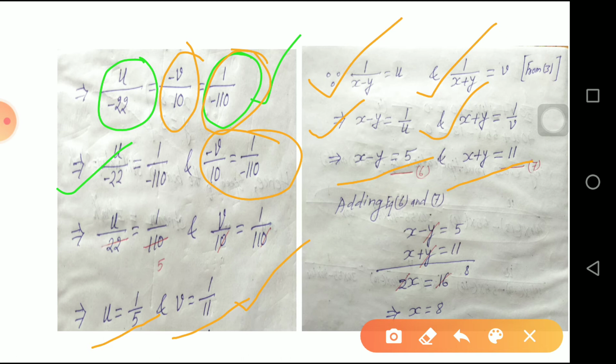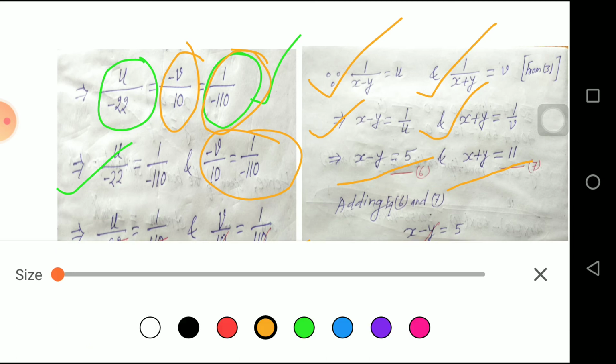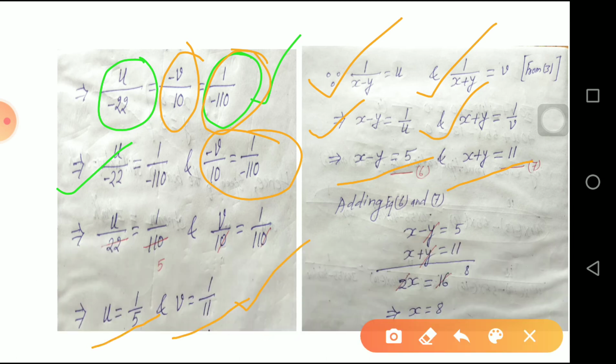Now the variable y is in plus and minus. So simply if we add, we will find our values easily. So adding equations 6 and 7. X minus y equal to 5, x plus y equal to 11.